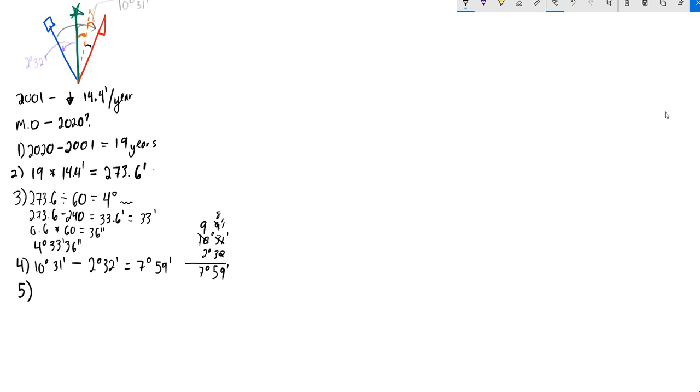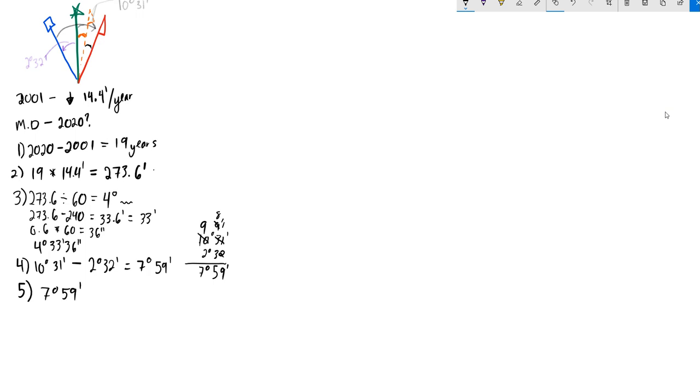Okay, so then the last step is trying to find out what is the actual declination going in here. So we're going to subtract this time. I'm going to take my original declination, which I just calculated here, which was 7 degrees, 59 minutes.